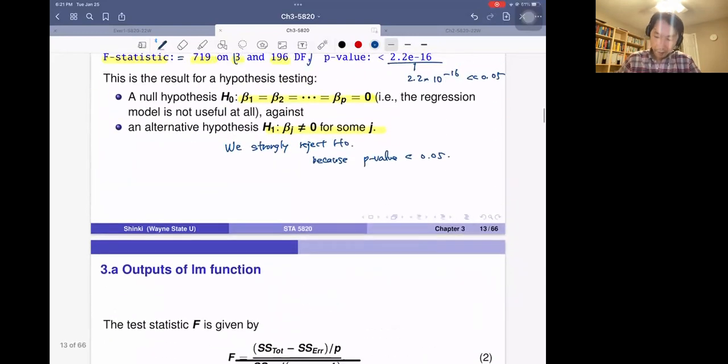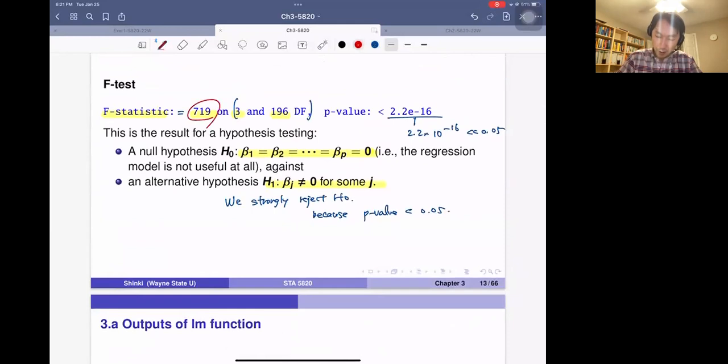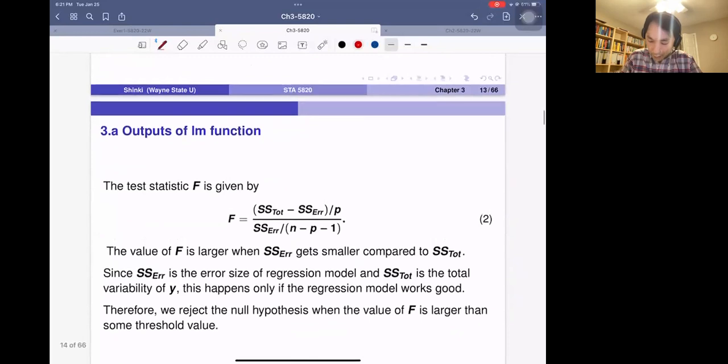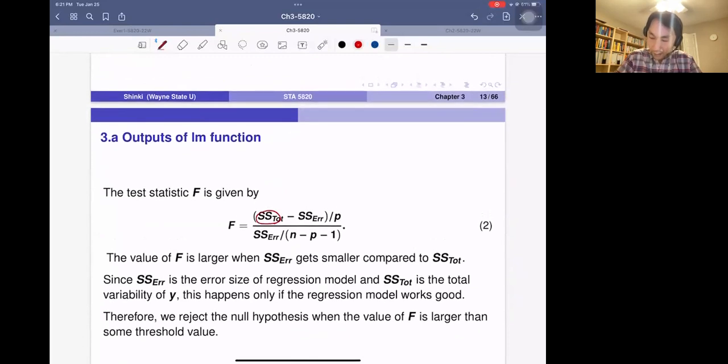And how is this F statistic 719 calculated? That is here. We have SS total and SS error, which we defined before. If SS error is very small compared to SS total, that means predictors are useful. Right? The predictors reduce the sum of squared residuals.